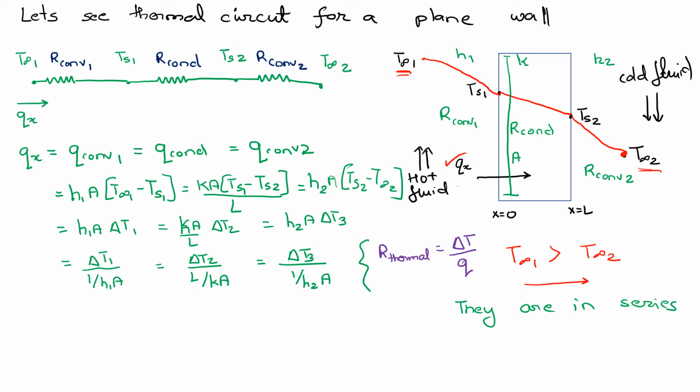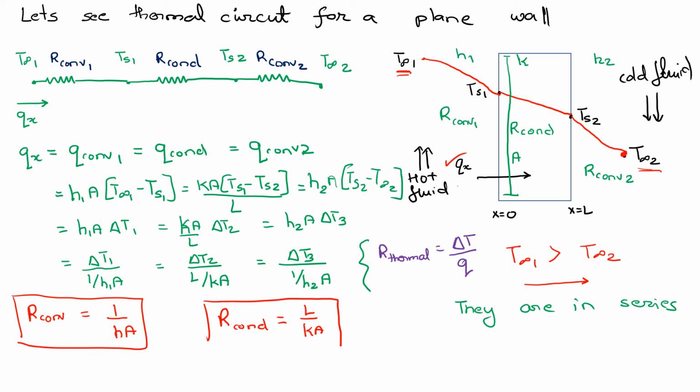By comparing this, we can say that for convection, if our convective heat transfer coefficients are equal, the resistance will be 1 upon HA, and resistance due to conduction for a plane wall will be L by KA, where L is the thickness, A is the area across which heat transfer takes place, and K is the thermal conductivity.